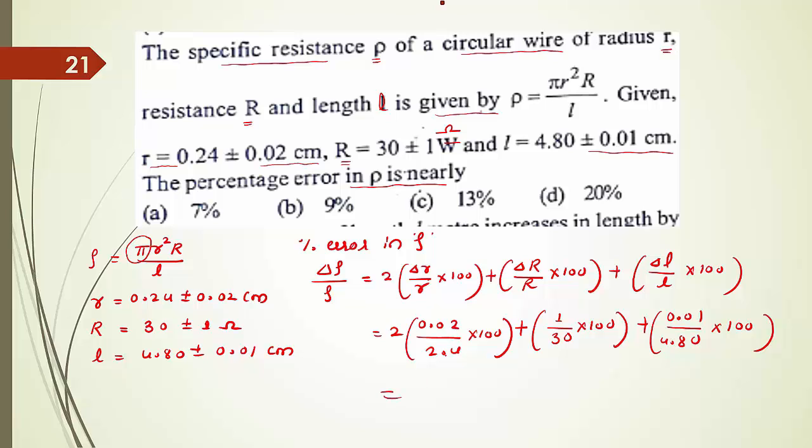Now you can calculate all these values: 16.7 plus 3.3 plus 0.2. We will get the final answer as 20%. So the percentage error in resistivity or specific resistance is 20%. So option D is the right answer.